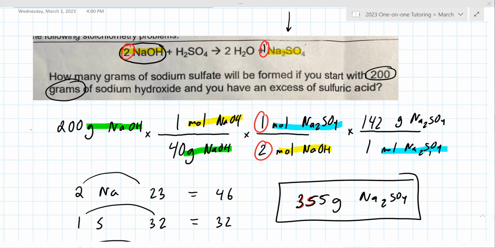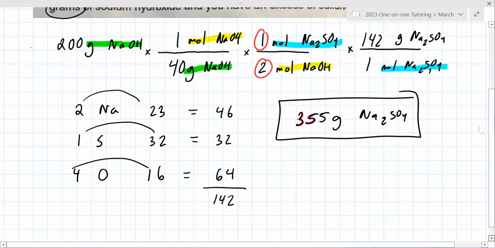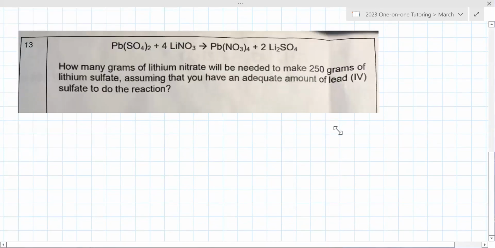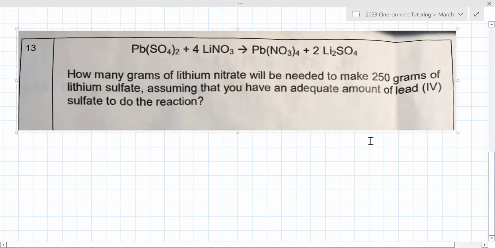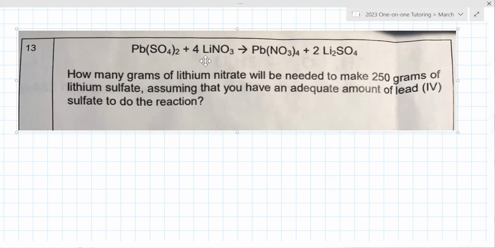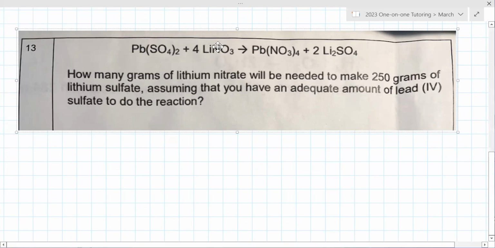So all of this is leading up to limiting reactants, and you probably haven't seen them yet, but that's where you're going. They give you another equation. I think it's safe to assume it's balanced, so we don't have to do any work.